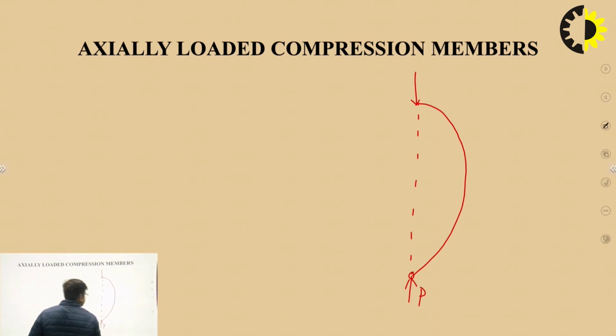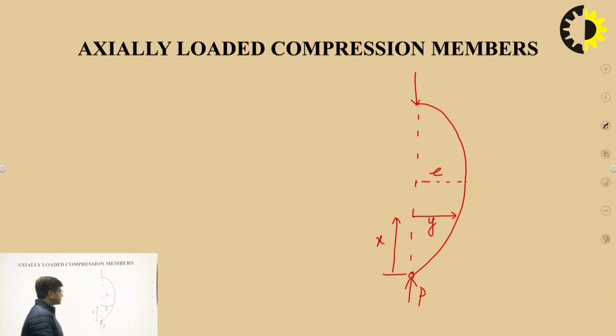This is the load P. At any distance x, I am considering the deflection y of the column, and maximum deflection occurs at the mid portion of the column, and say this maximum deflection is e.